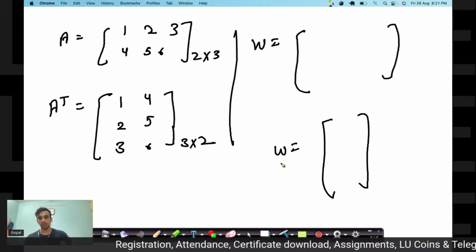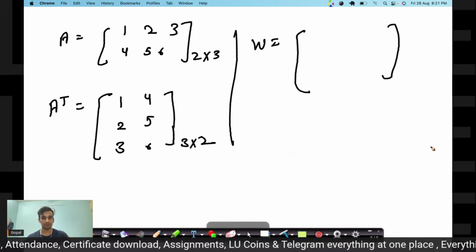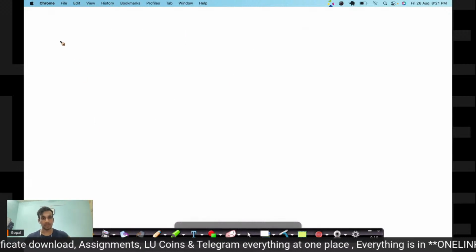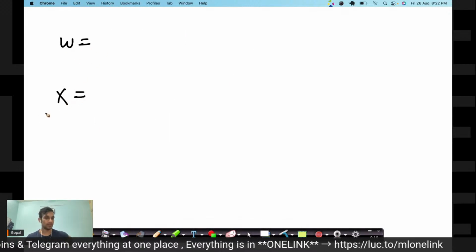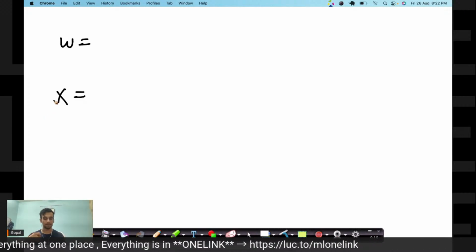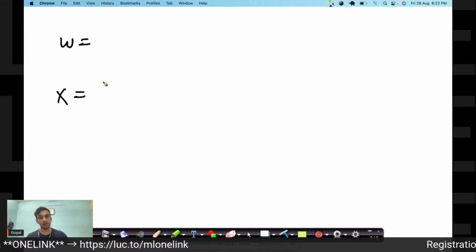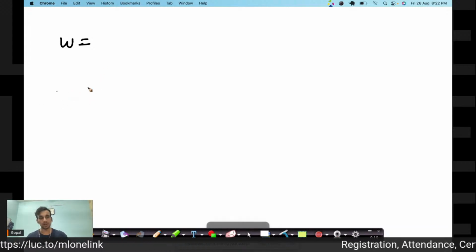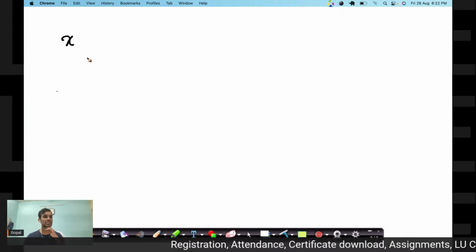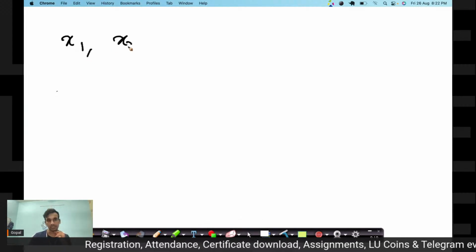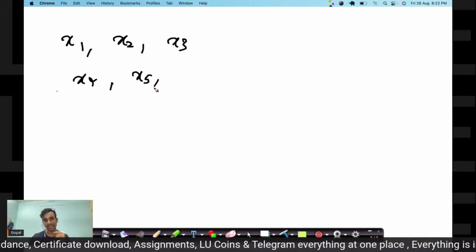All right. In this case, let us say you've got a weight vector and a feature vector, right? Each feature has an associated weight. Let us say you've got 6 features: x1, x2, x3, x4, x5, and x6.